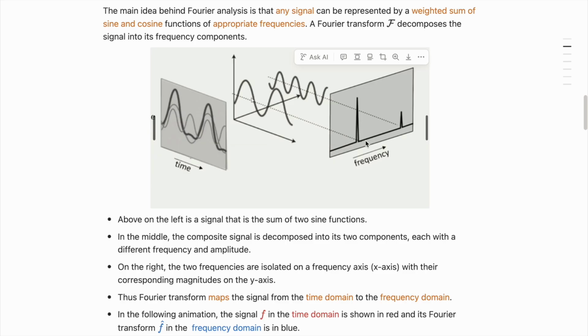And then we plot on the frequency spectrum these two different frequencies. The first function appears to have a frequency of 2, and the second one looks like it has a frequency of 3. So that's 2 and 3 on the x-axis, and the y-axis represents the relative magnitude of each signal.